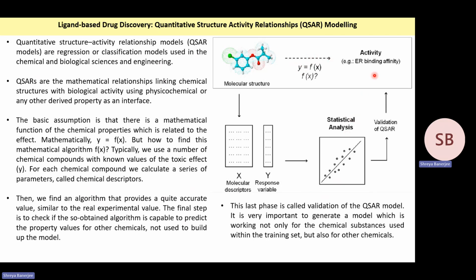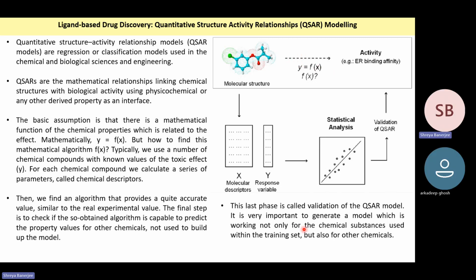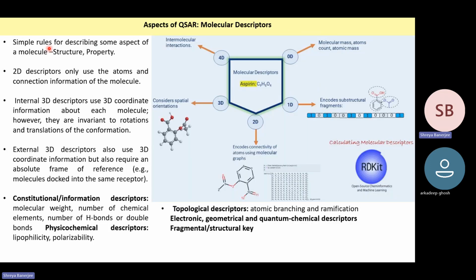So now if we have an unknown molecule, we check whether the unknown molecule fits this equation. That is, if we put the structure of the unknown molecule and the function of the unknown molecule, whether it will fit this equation. And if it fits, then we can say the QSAR model is validated. So we have to check it against several unknown compounds to confirm whether the QSAR model is a valid model.